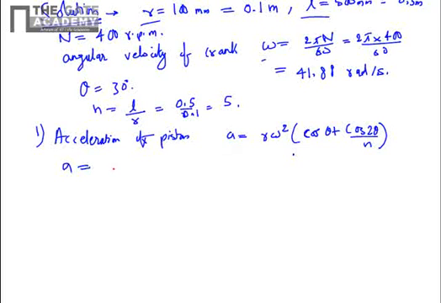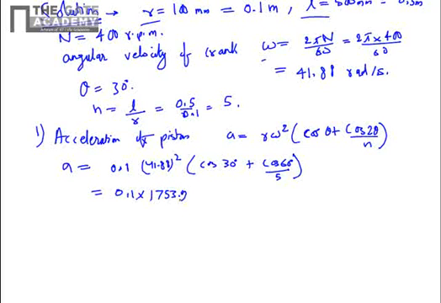We substitute the values here. R is 0.1, omega square is 41.88 square, cos 30 degree plus cos 2 theta, that is cos 60 degree, divided by n, that is 5. This we get 0.1 into 1753.93.